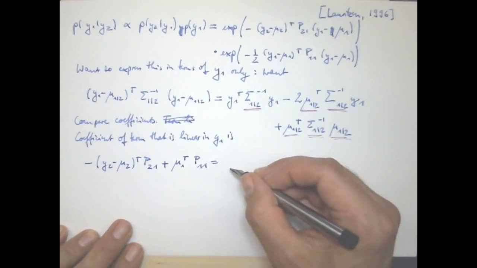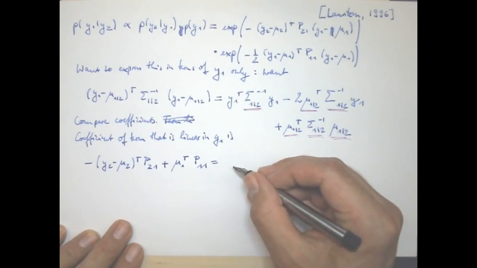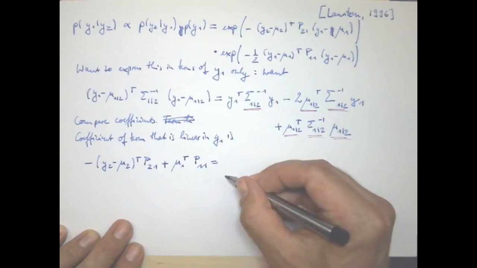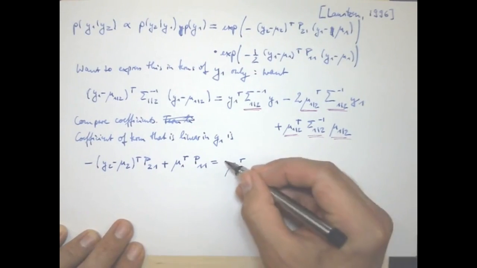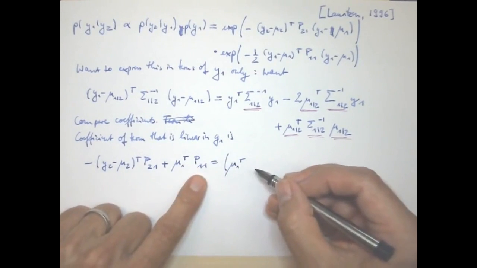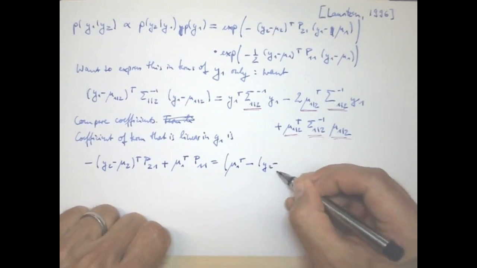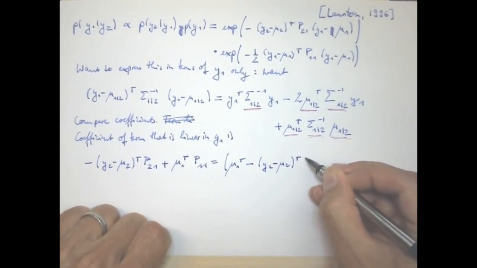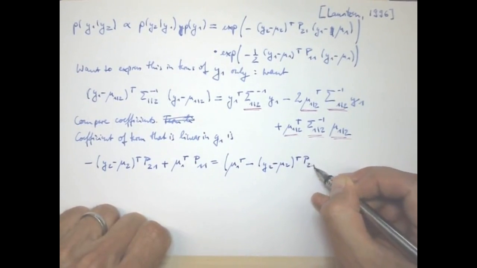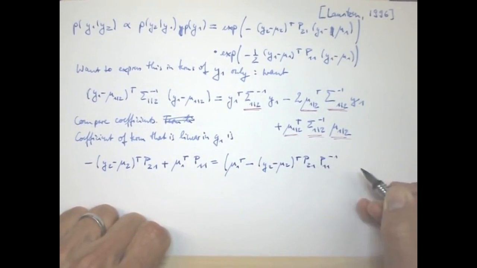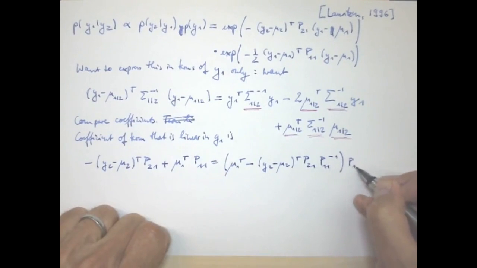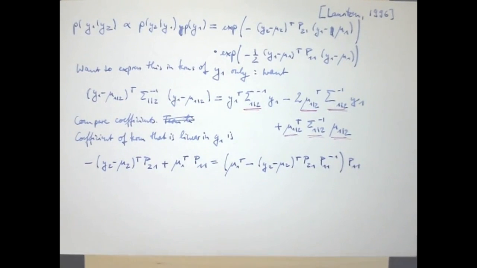So I'm saying that this is the same as mu1 transpose. I'm multiplying out this guy here. And all of this is an effort to complete the square.